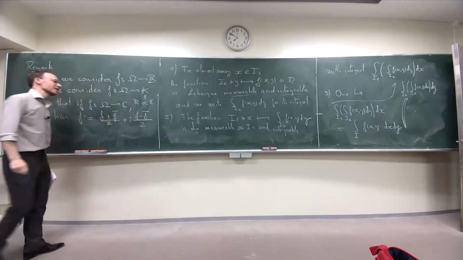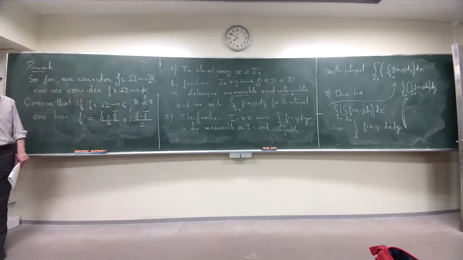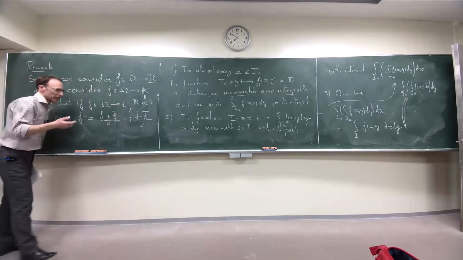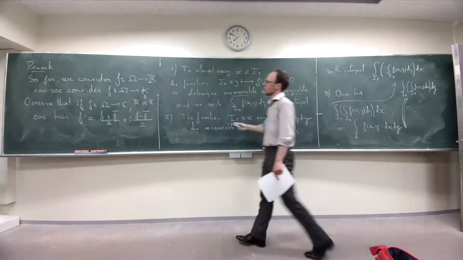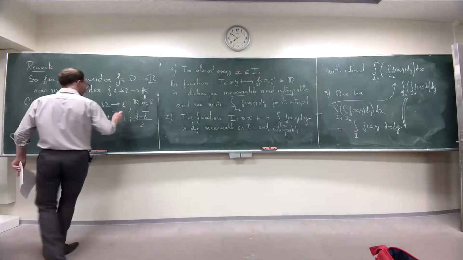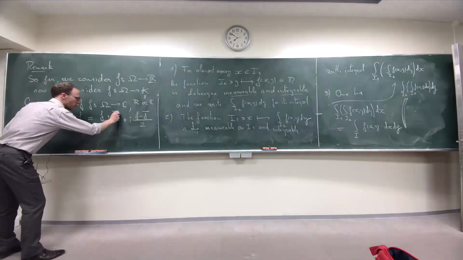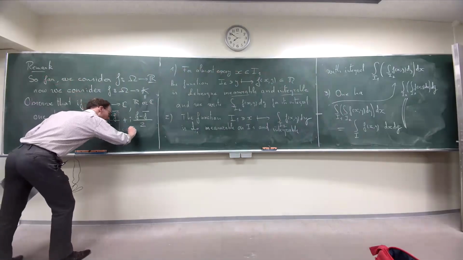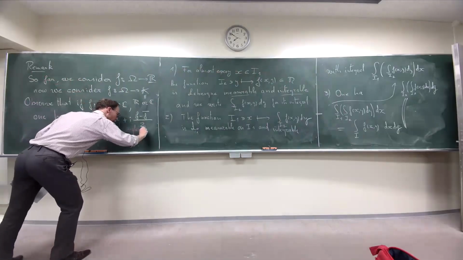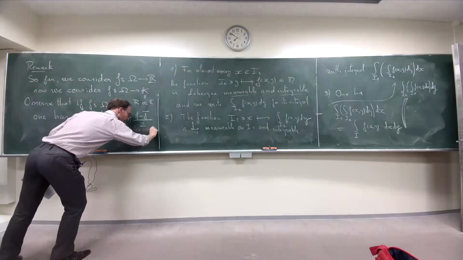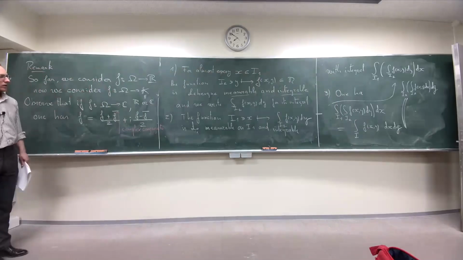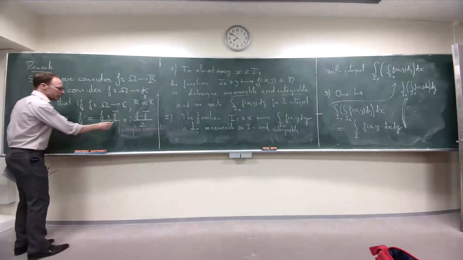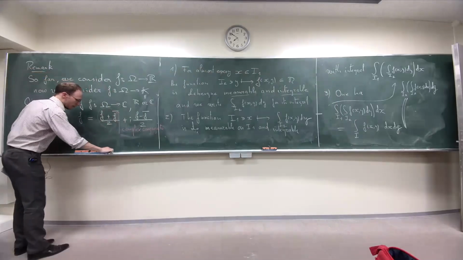If you have never seen complex numbers, just forget these few minutes, because I cannot explain what this bar means. This bar has nothing to do with the bar used for closure. This bar is for the complex conjugate.